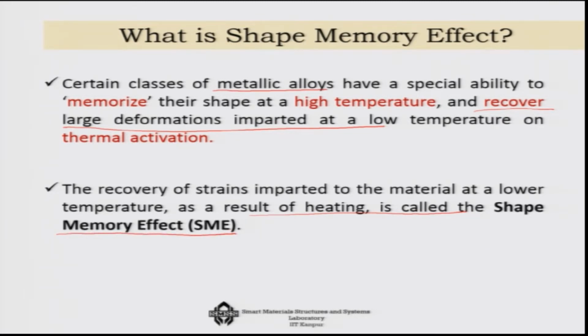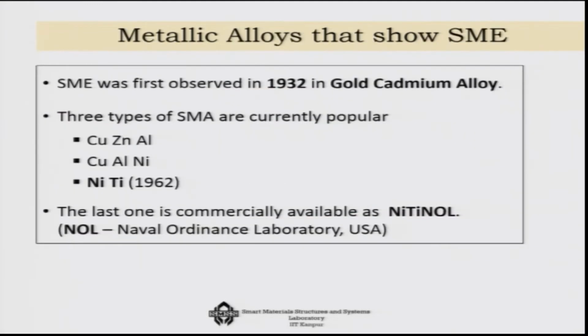So, we will see how, step by step, we can carry out the deformation and then the recovery of the material. The effect was first observed in a gold cadmium alloy in 1932, but gold cadmium is a very expensive alloy, so you cannot use it for day to day applications, nor does it show a very large amount of shape memory effect.